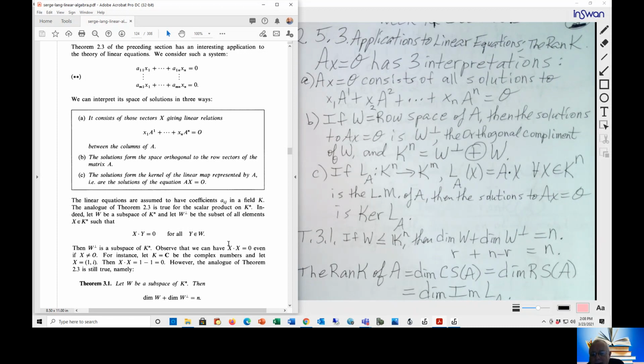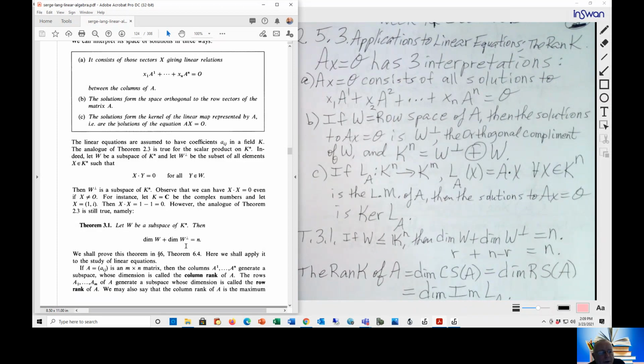And again, part C, when you let L sub A be the linear mapping from Kn to Km that represents the matrix A, then you find that the solutions to AX equals 0 vector is simply the kernel of L sub A.